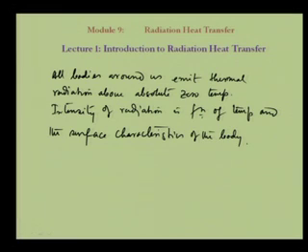Now, we can have different types of radiation, as we will see in the spectrum: thermal radiation, infrared radiation, ultraviolet radiation, and so on.